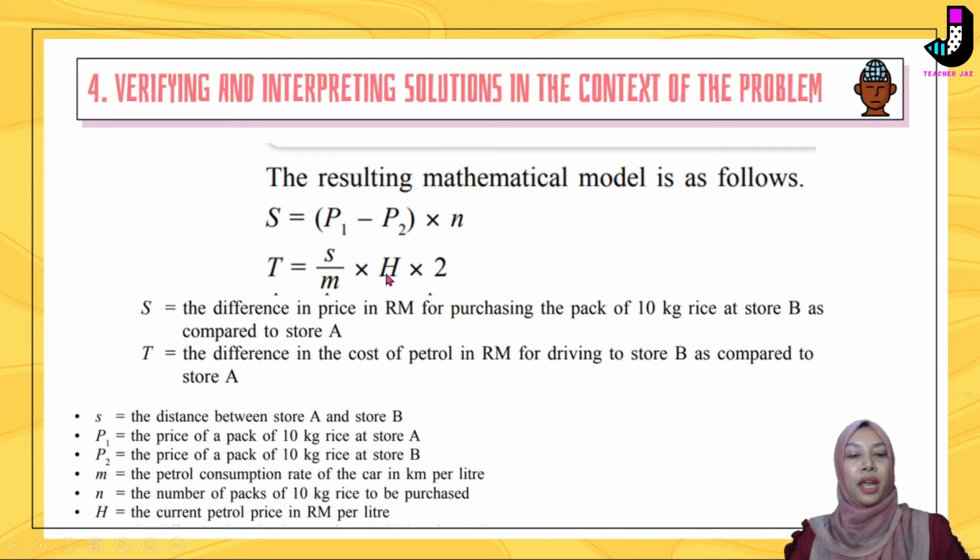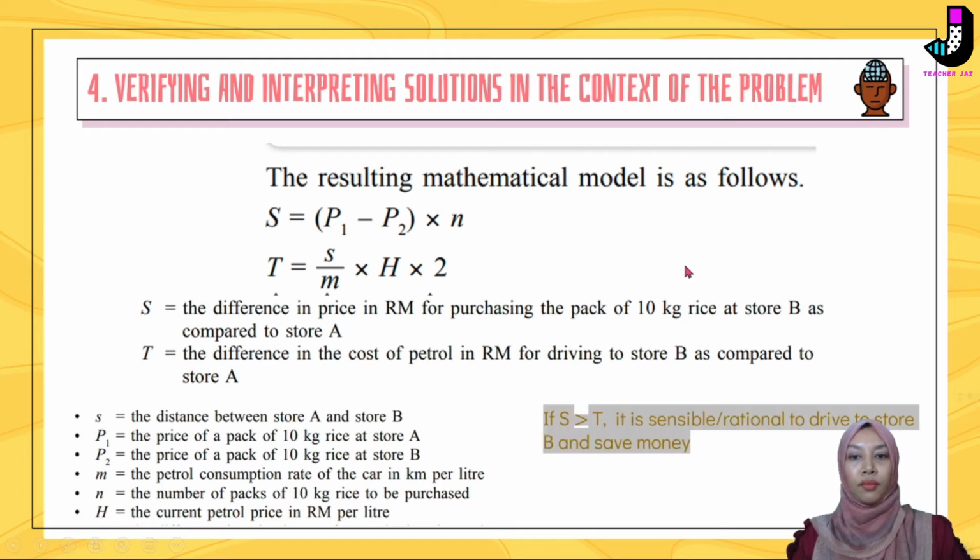And then times dengan H. H is the current petrol price. And then times 2 because tadi two ways route. Okay, darab 2. Tadi 7. 7 ni kena darab 2. Baru dapat 14 kilometers. Okay. So, if S more than T means it is sensible or rational to drive to store B and save money.